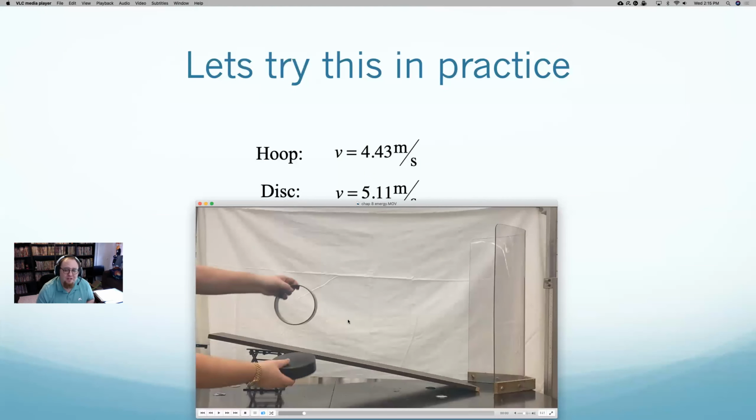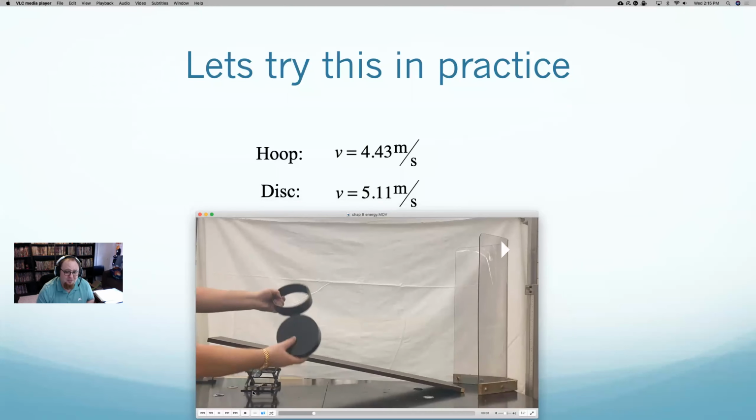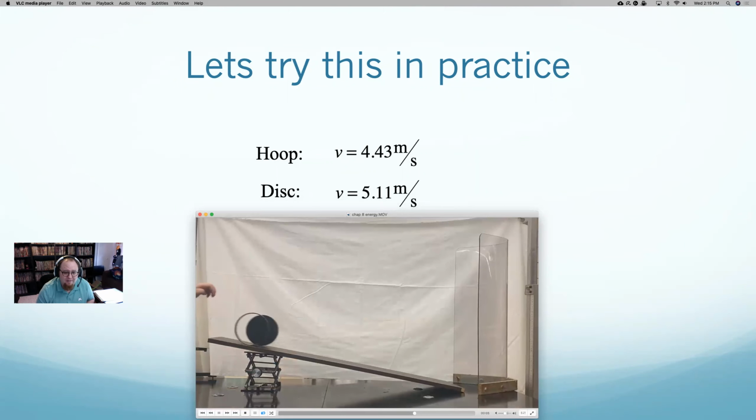These are made out of various materials of various densities, so they have the exact same mass as each other, and they also have the exact same radius. If I let go at the same time, you can see they don't land at the same time. The solid disk gets to the bottom a lot faster. It gets to the bottom faster because it gets a higher velocity.